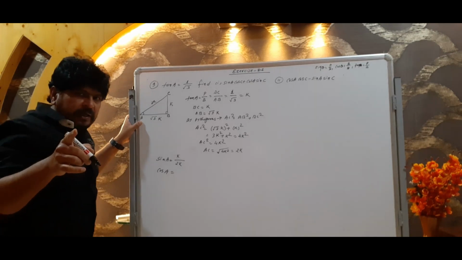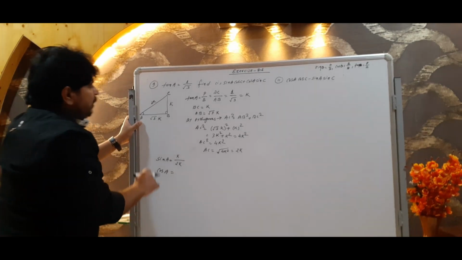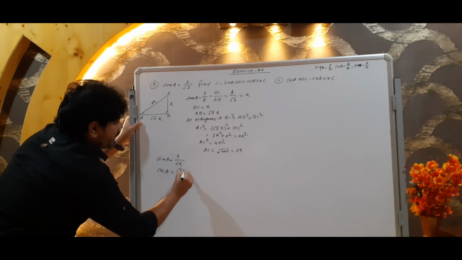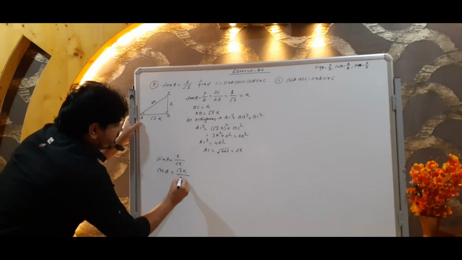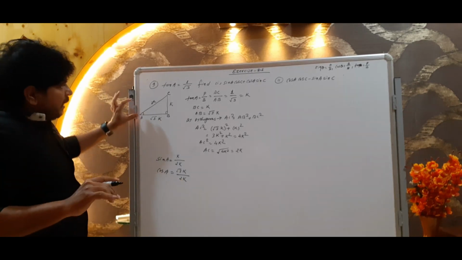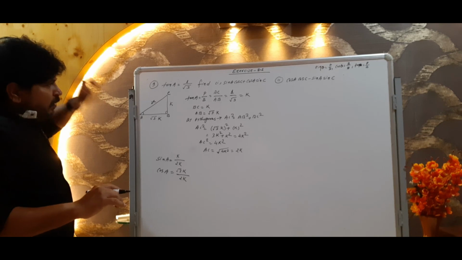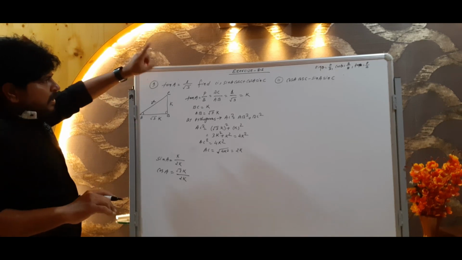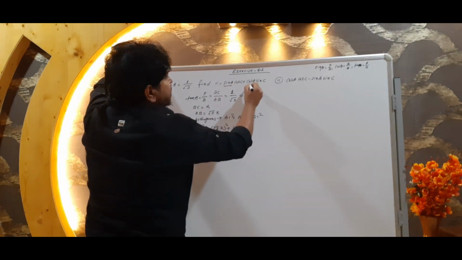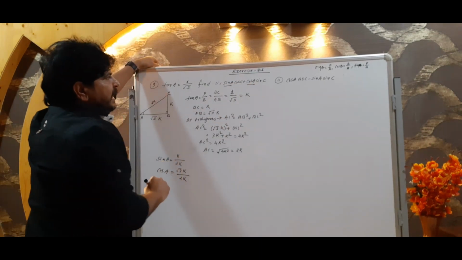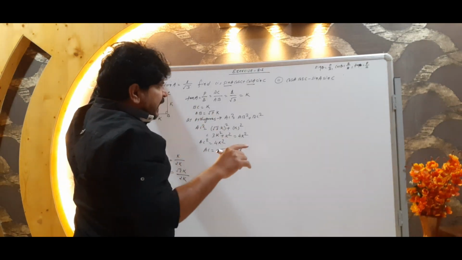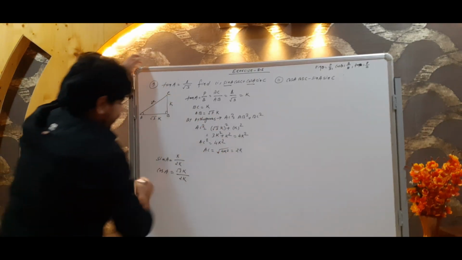Base upon hypotenuse. Base under root 3 k upon hypotenuse 2k. Clear? Okay.